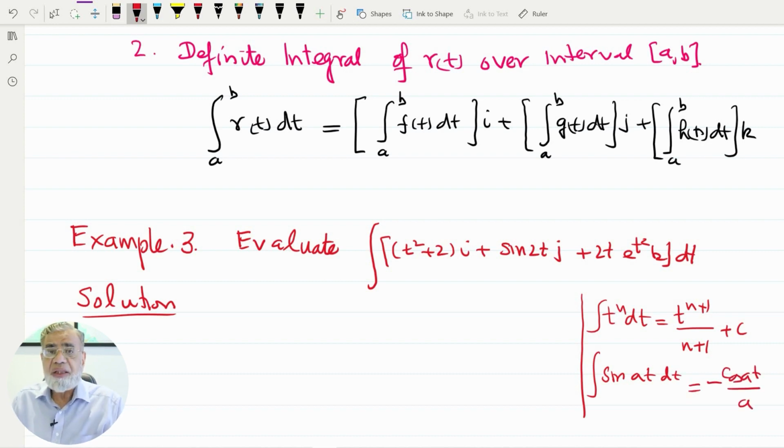Because when we take the derivative of cosine it is minus sine, and the minus becomes plus, and then the derivative of at is a. So we go opposite to the case of differentiation.